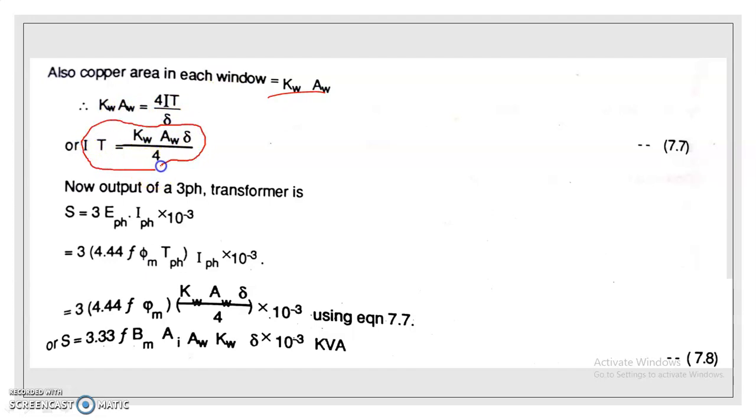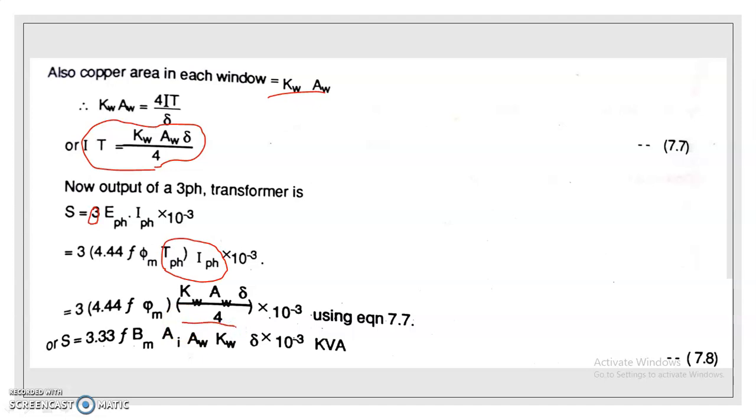As we solved for the single phase core type transformer, we have to solve here, but the output equation of the 3-phase transformer is nothing but 3 times that for one phase, that is 3 into EPH into IPH into 10 raised to minus 3. Just substitute the value of EPH, that is 4.44 f phi m into TPH. Just substitute the value of I into T from equation 7.7, that is Kw Aw into del upon 4.